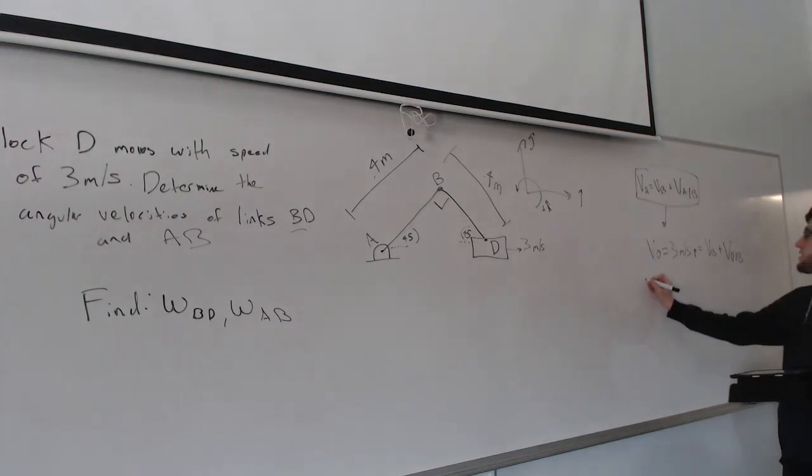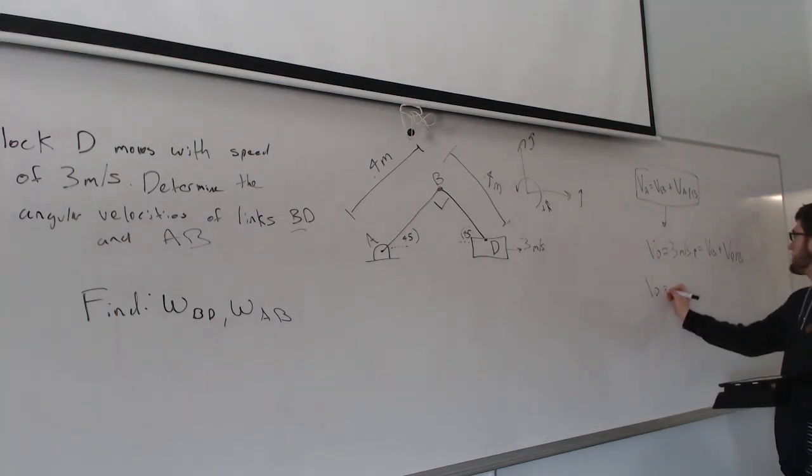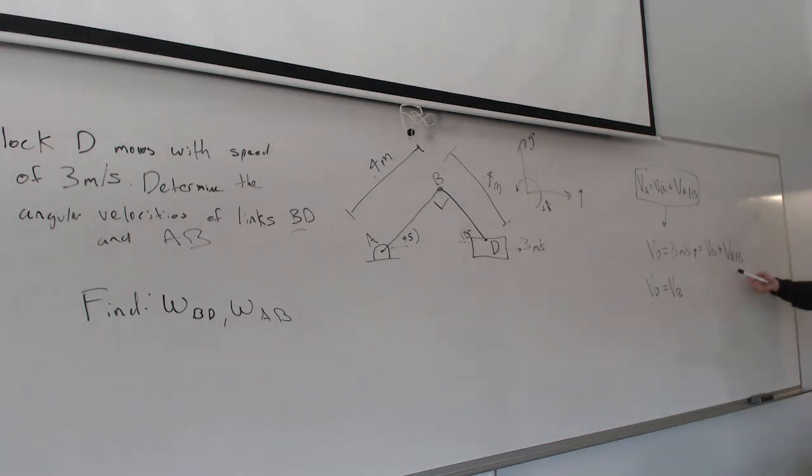Regardless. So taking this equation, velocity of D is equal to the velocity of B, I'm going to take this velocity of D with respect to B term, and I'm going to substitute something else. I'm going to use the angular velocity DB crossed with. So VB stayed the same, VD stayed the same.